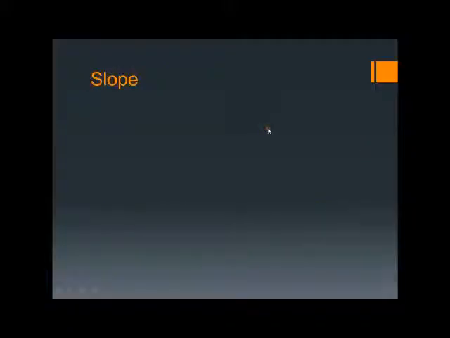The measurement of the steepness of a line is what we call slope. How steep the graph is. The steepness is connected to how much the rate of change in our situation is. And the original line, the example we've been looking at, we're changing by $120 every hour, so that is the slope, 120.